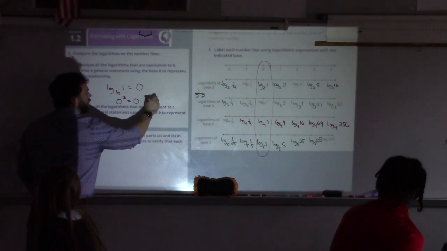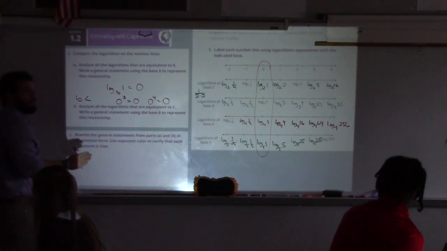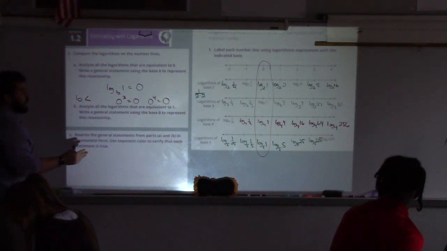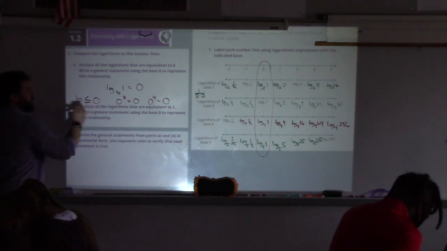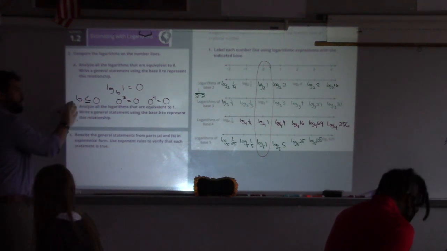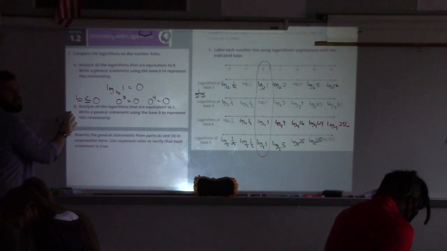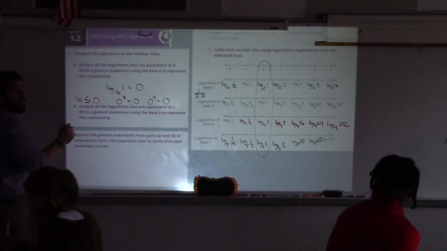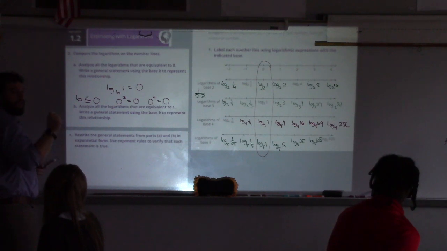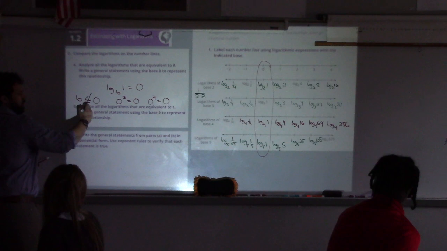What's 0 to the fourth going to equal? So do we ever want the base to be 0? Not really. So b cannot be less than or equal to 0. What would I do to this inequality to say it cannot be less than or equal to 0? It cannot be less than and it cannot equal. Greater than 0, with no equal sign.